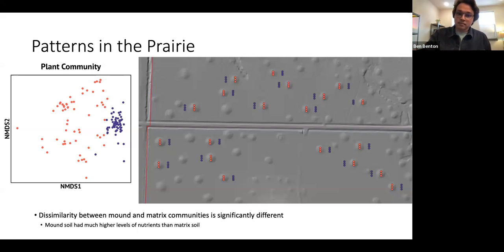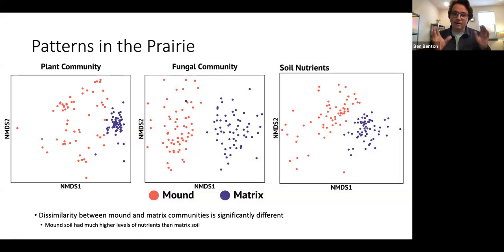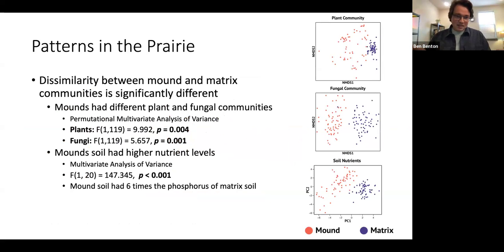And what's really cool is we see that exact same pattern in the fungal communities and the soil nutrients. Moving from the pimple mound into the matrix, we see a great dissimilarity in the plant communities, fungal communities, and soil nutrients. This is the stats of that. Basically, the mounds had different plant and fungal communities than the matrix did.